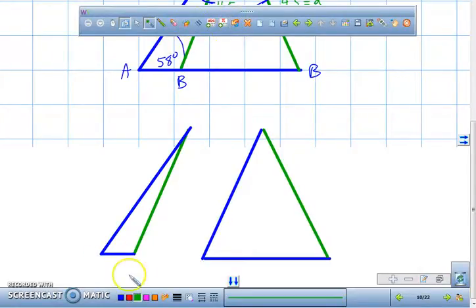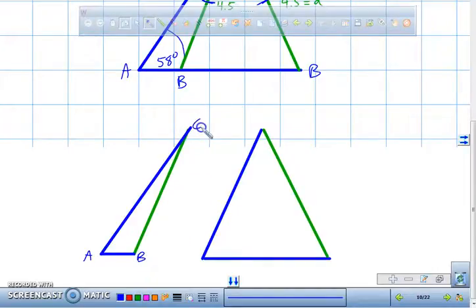Change to blue so it matches. Angle A, angle B, angle C, angle A, angle B, angle C. What hasn't changed? Angle A in both cases is 58 degrees. What also hasn't changed? This side is still 5, this side is still 5.